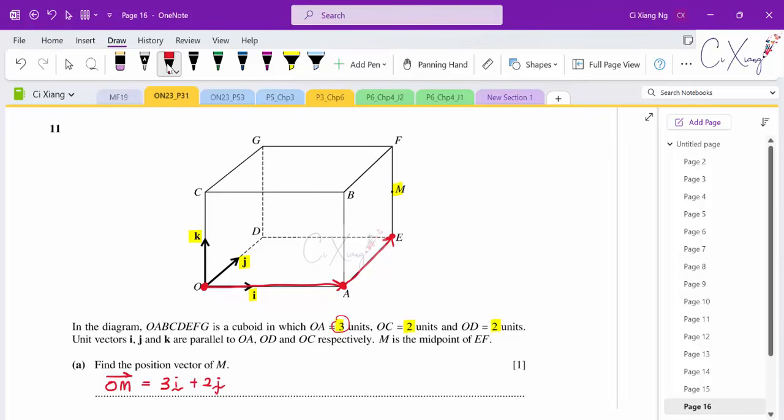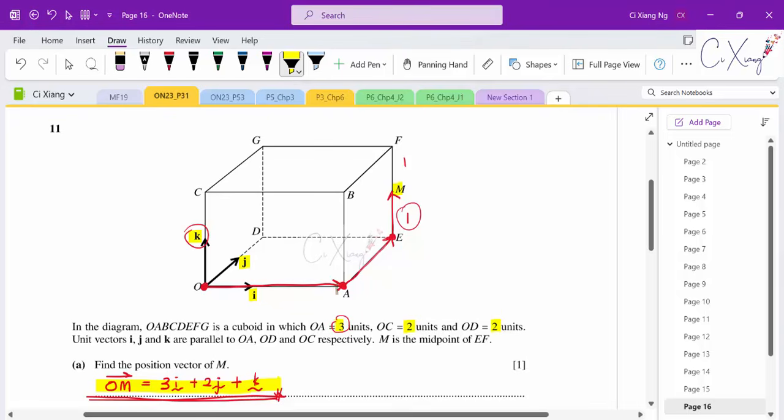After that, from E, you are going up to M. From E to M, it should be 1 unit, because from O to C, from bottom to top, is 2 units, but M is the midpoint. So from here is 1 unit and MF is 1 unit. This 1 unit is in the direction of k, so you have 1k. So basically, this is the position vector of M.